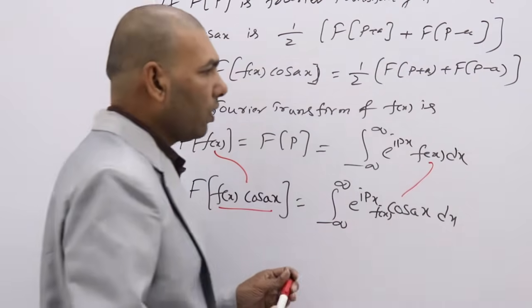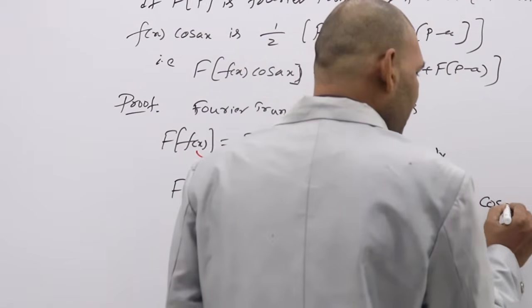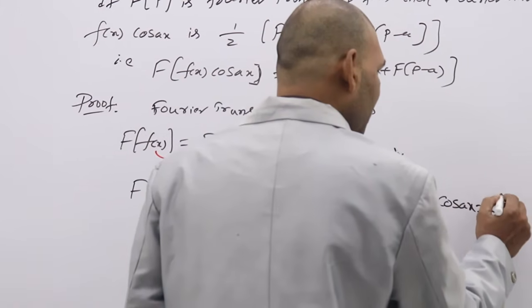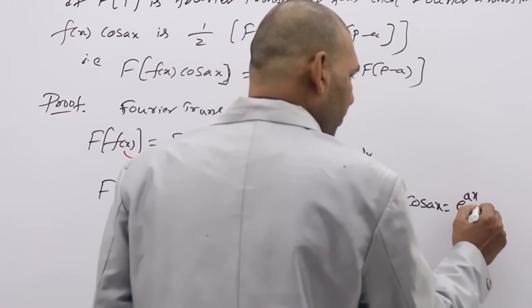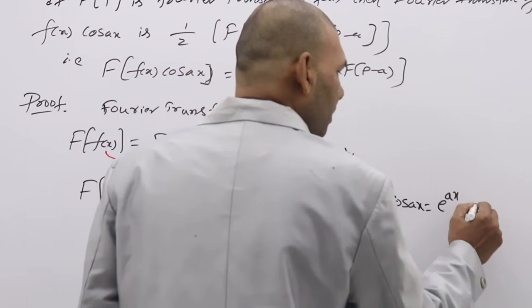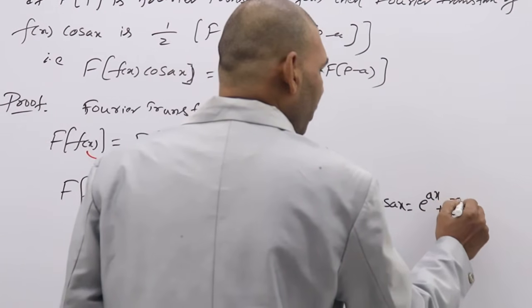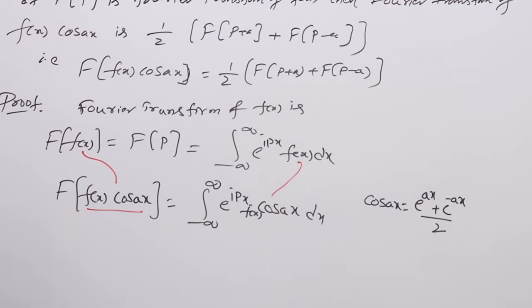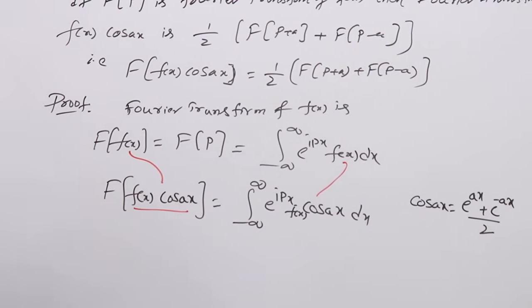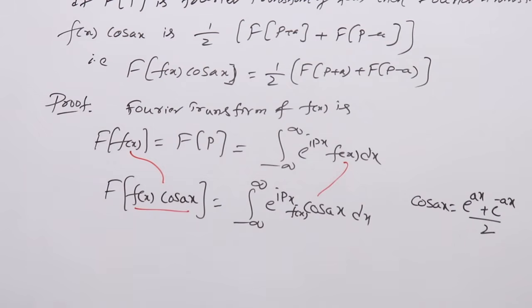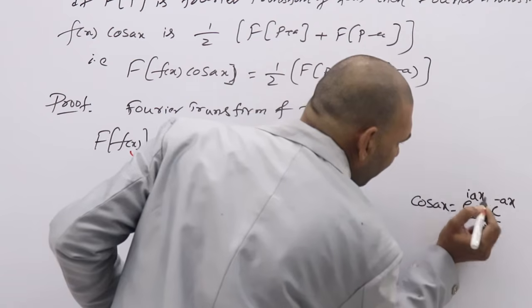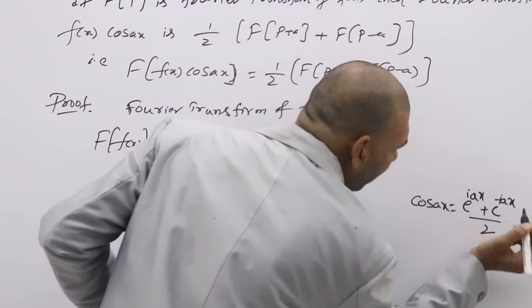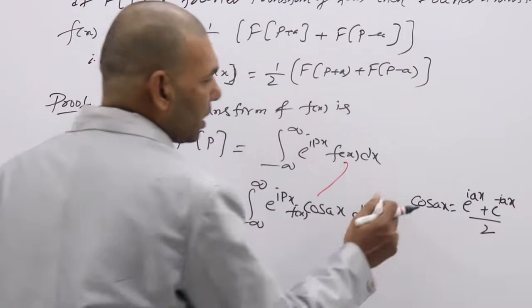Now we all know that cos ax can be written as e power iax plus e power minus iax by 2.